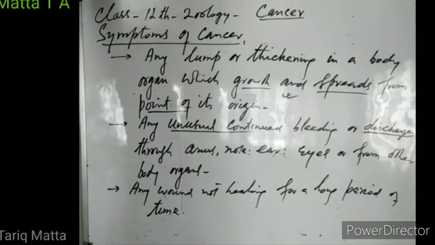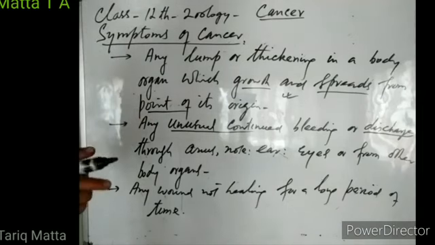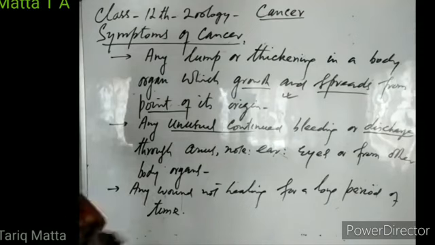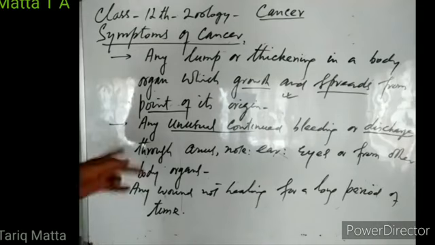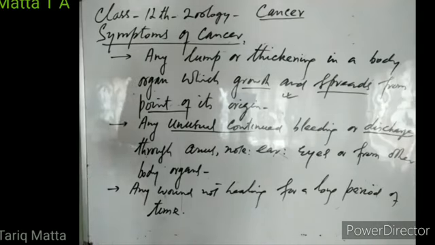But if sometimes after injury a wound remains there, and that wound is not healing, and from that wound there is continuous discharge of blood or pus, or another fluid, right? So a wound which is not healing over a long period of time and is making some discharge continuously may be the symptom of a cancer in that area. So those wounds which are not healing, from which continuously fluid or blood is leaking out, may be a sign of cancer. So this may be another symptom of cancer, right?